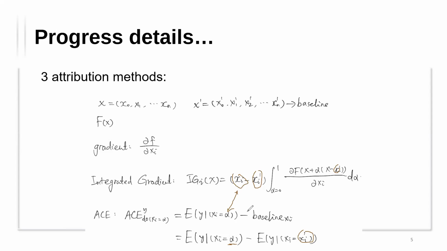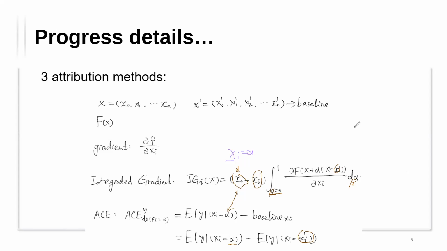And we would like to know, assuming xi equals alpha, we're going to see whether, so here is alpha. Also, this alpha comes from, maybe you can change it to beta. So here this attribution method is going to explain when xi is equal to alpha and how far it would be from the baseline xi.